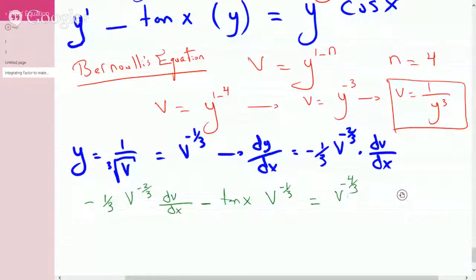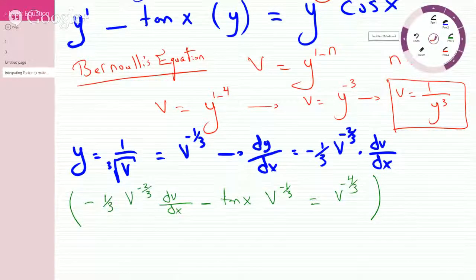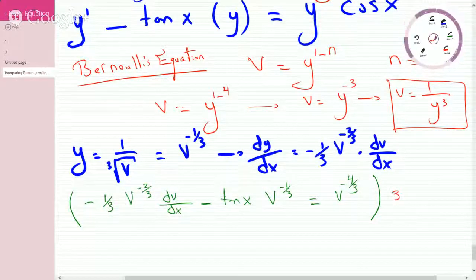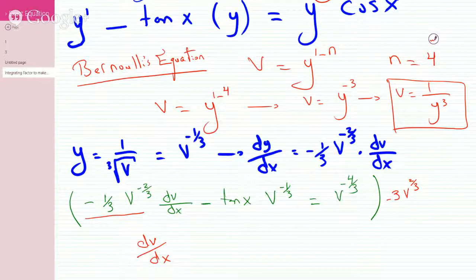And now we can multiply this to put it again in the standard form. We can multiply it by minus 3 v to the 2/3. So we can make this term here a 1. So this equation becomes dv over dx, because minus 3 times minus 1/3 is minus 1. Oops, wait a second, there's a mistake here.